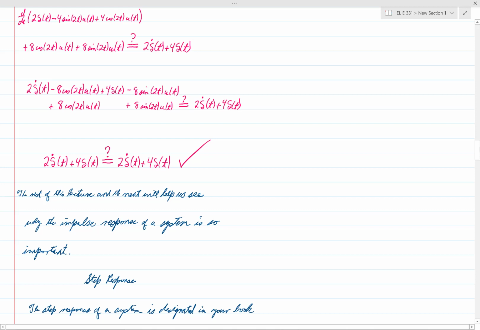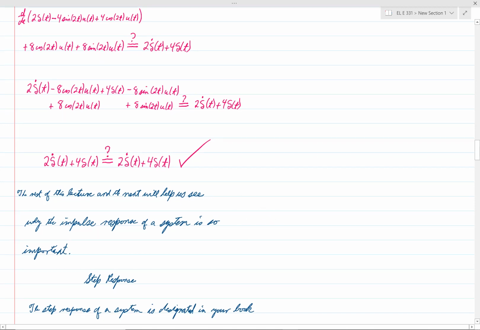And so now I want to begin to justify that statement to help you understand just how helpful it is to know about the impulse response. So the rest of this lecture and the next lecture as well will help us to see why the impulse response of a system is so important.